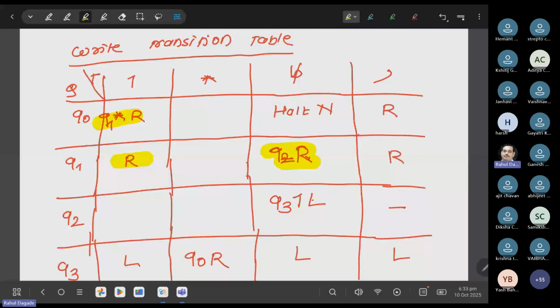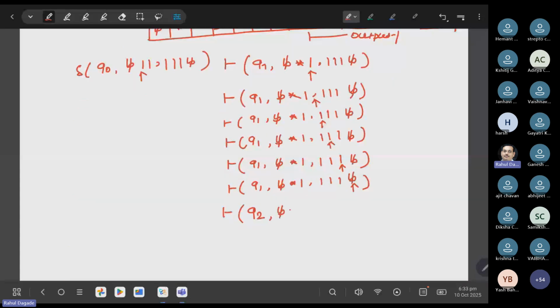Now the pointer is in Q2 state: blank star 1 comma 1 1 1 blank, and after blank there are more blanks. These blanks are there, so now it comes to the next blank here.